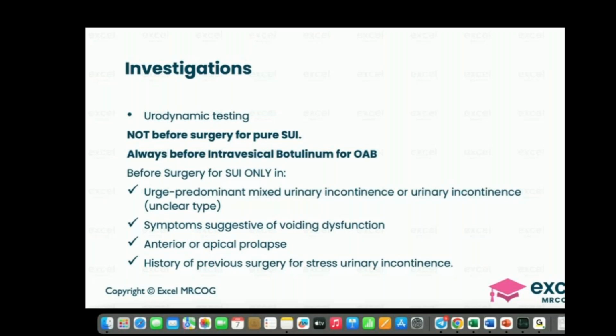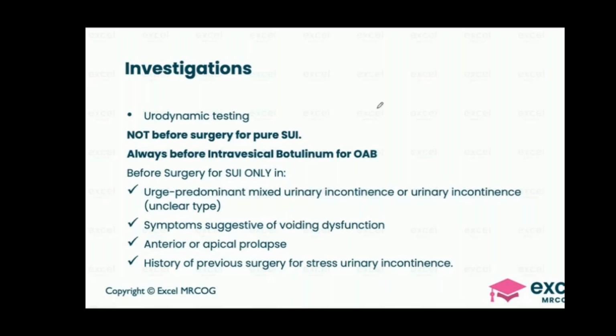Now, if you are contemplating surgery for a patient who has overactive bladder symptoms, on the other hand, the surgery for overactive bladder is basically going to be intravesical botulinum, which we will be seeing later. But if that is the case, you will always do urodynamics. So, SUI for surgery, you do not do urodynamics.